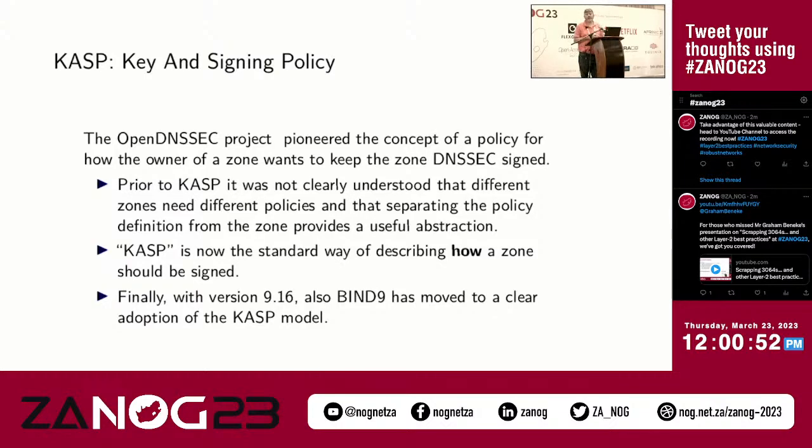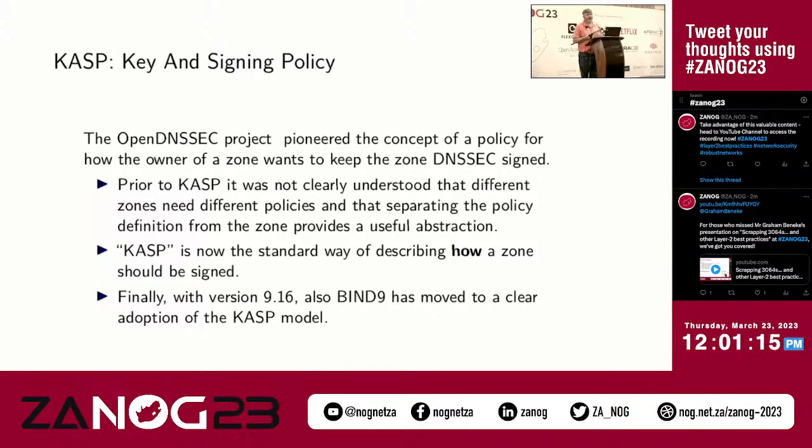You set up one stanza in your named.conf with a CASP, or the key and signing policy. You put your information into that, stating how long key signing keys and zone signing keys are going to be valid for, and bind basically does the work for you nowadays.